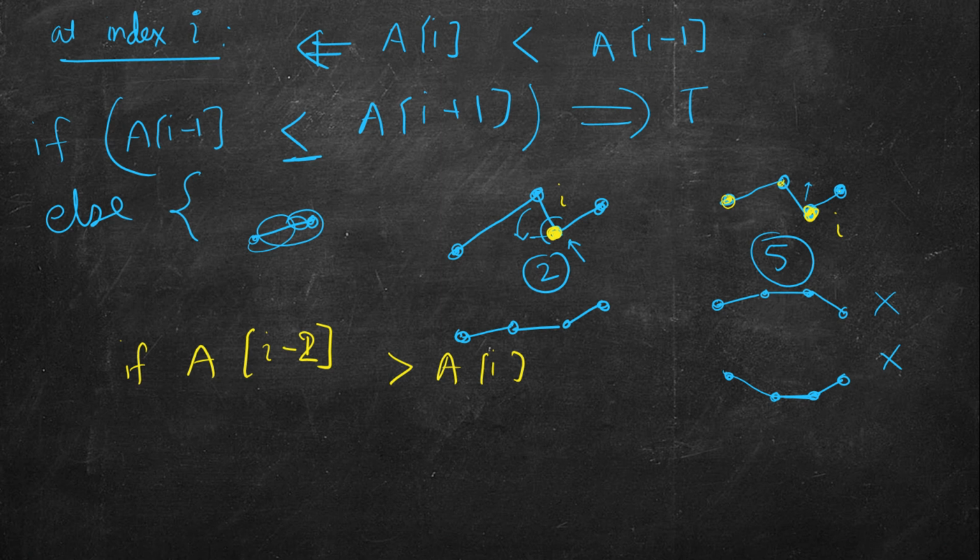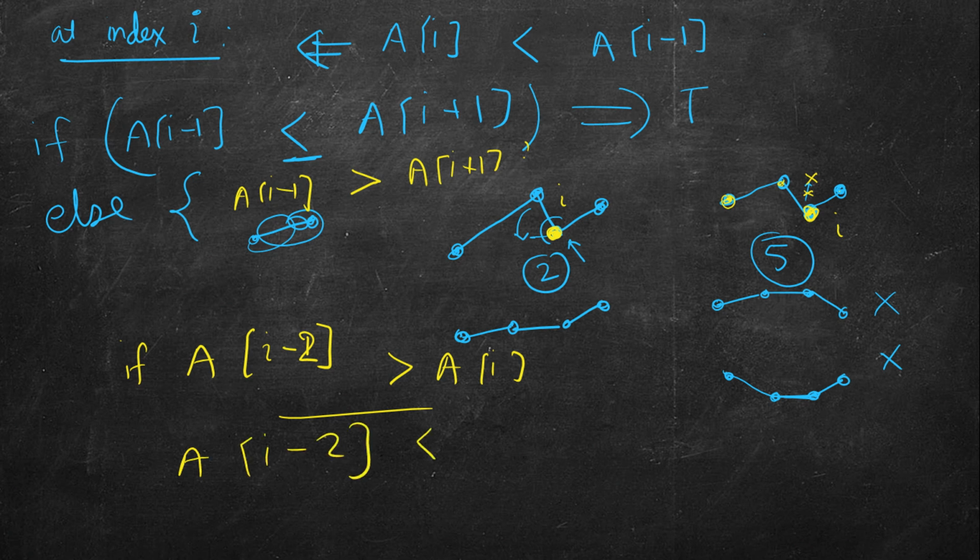We can neither make it here nor here. In both cases it's false, because this is the case where A[i-1] is more than A[i+1]. And in this case what will happen? A[i-2] is less than or equal to A[i]. So these are the two cases. So we will see it in the code. So these are all the cases, and depending on that you can return true or false.